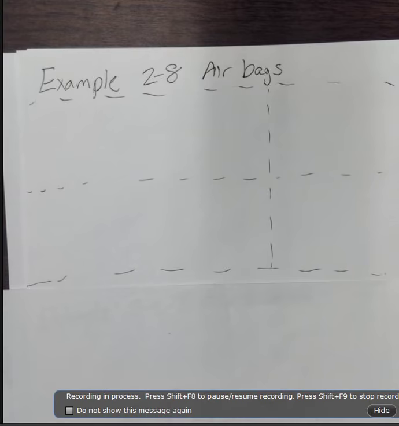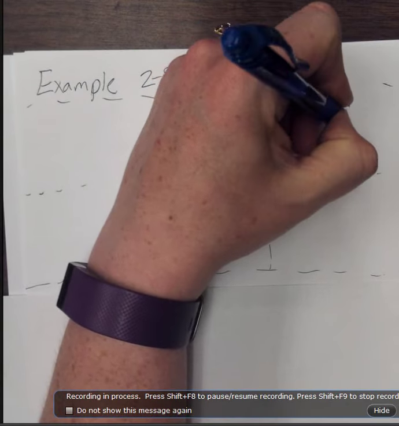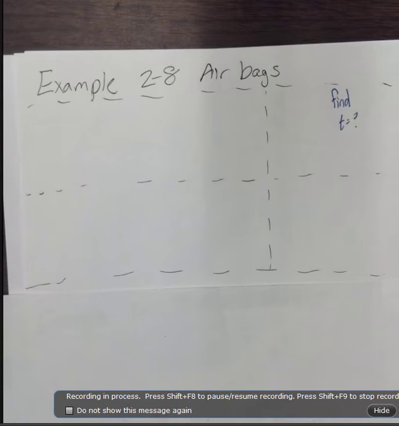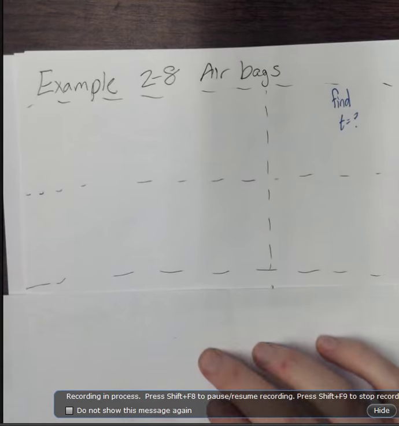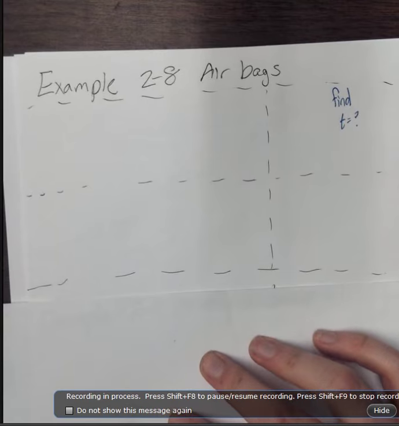So analyzing that situation, one of the things we know for sure is we're trying to find the time for the airbag. How fast does the airbag need to inflate to save the driver's brains? All right, so we're going to assume that acceleration is constant, because then we can use our uniform accelerated motion equations.